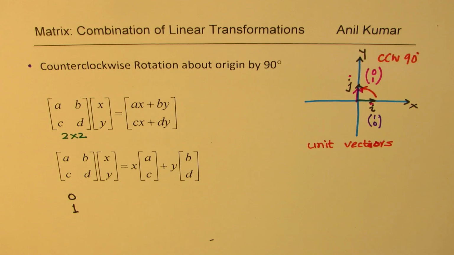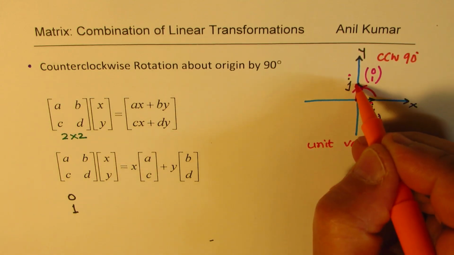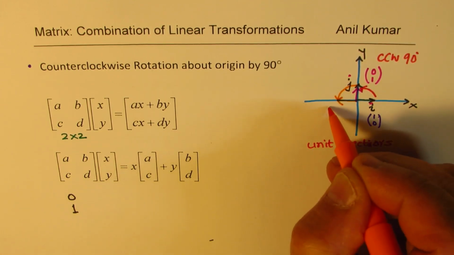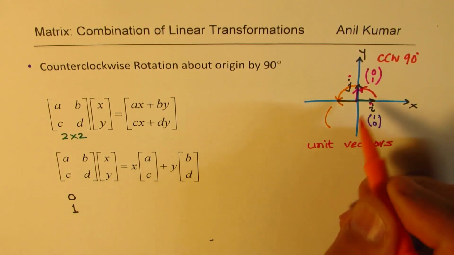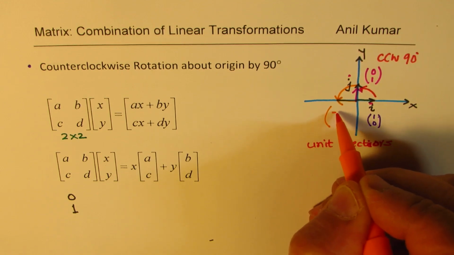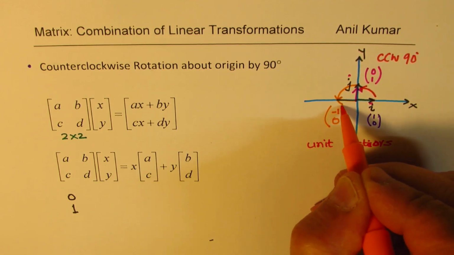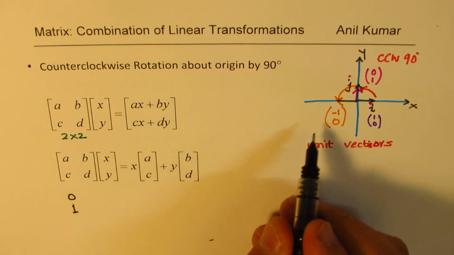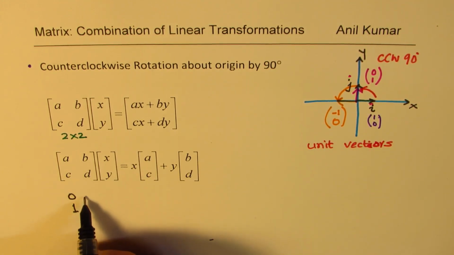What happens to j? If I do this counterclockwise rotation, it will come to this position, where the x value is -1 and the y value is 0. So that coordinate makes b and d as -1 and 0.